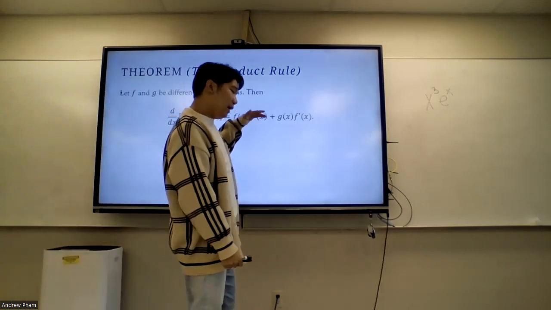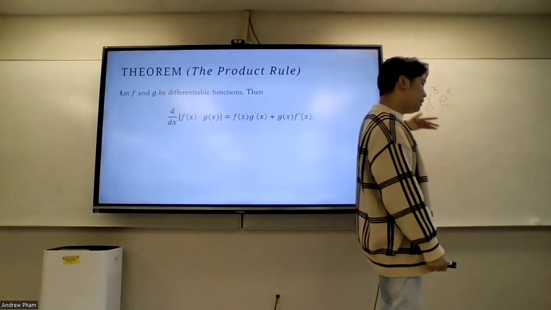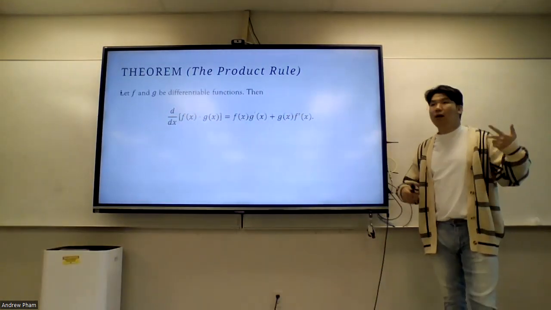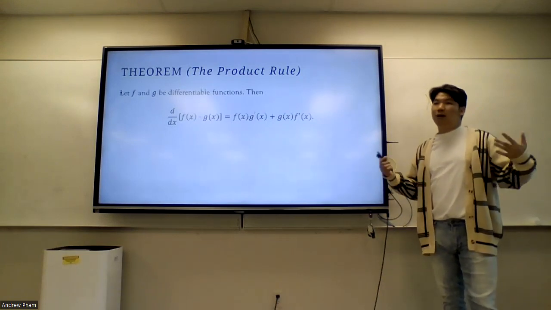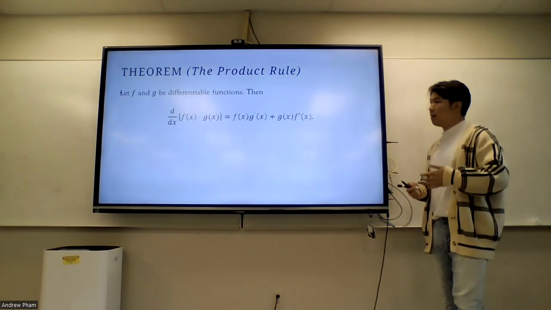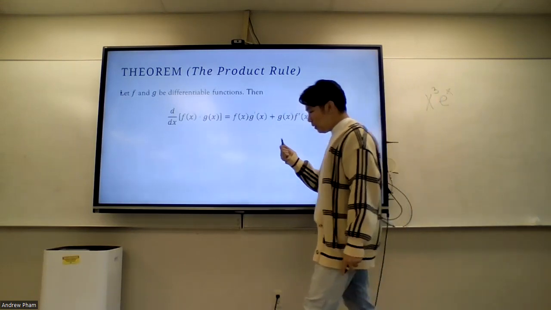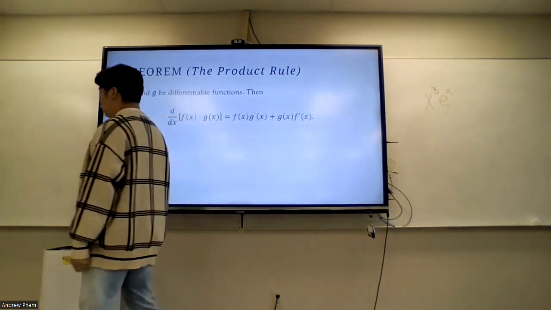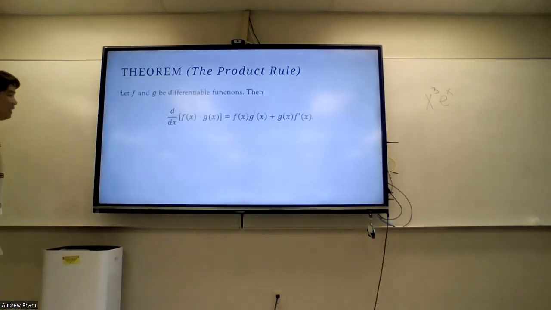I'm going to show you right here a very formal definition, and then you're going to hear me use a phrase that you're going to hear me use more often through the semester. The derivative of f times g turns out to be f times g prime plus g f prime.